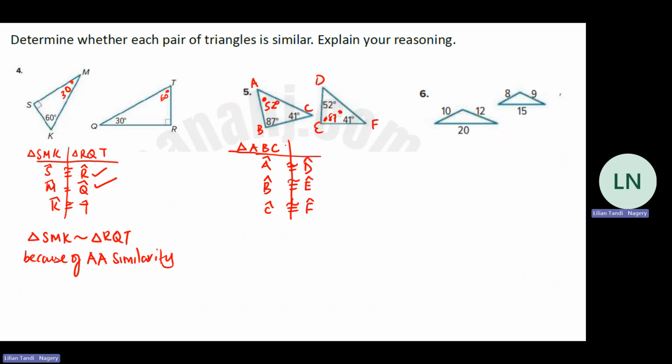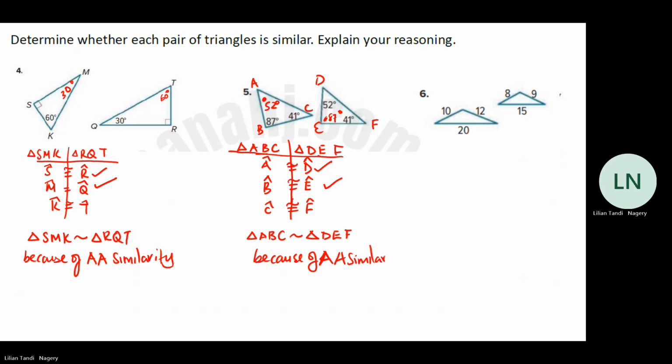You put the marks for angle. Now here you write D, E, F. So then you say triangle ABC is similar to triangle DEF because of angle similarity. Okay, let's move on to the next question.